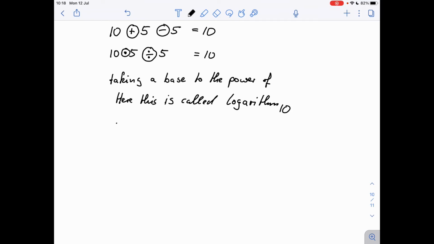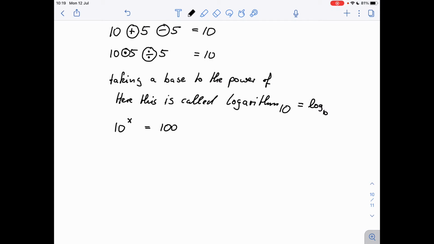Let's say we've got our 10 to the power of the question mark, and instead of the question mark I make it a little bit more mathematical. Let's say we call it x, 10 to the power of x. This should give us 100, and we want to know the x, and of course we know it as we have seen before: the x is 2. But now we can use this logarithm, which is very often abbreviated as just log 10, because we don't want to write logarithm all the time.